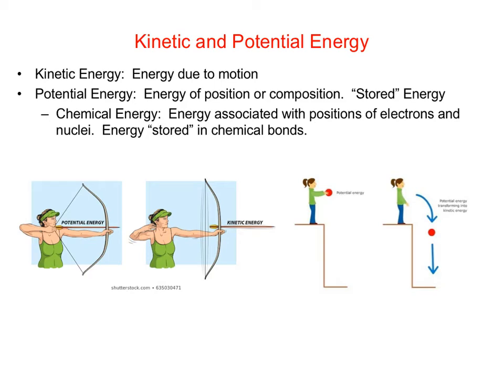And then when she releases the string, that potential energy is transformed into kinetic energy, the movement of that arrow. Another way we can have potential energy is when the ball is off the ground, right? So its energy of position or stored energy as that ball is lifted up off the ground, when she releases it, that potential energy gets converted into kinetic energy as the ball starts moving under the force of gravity.